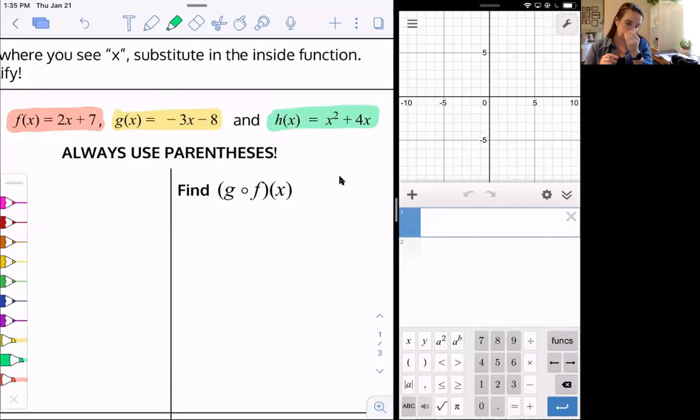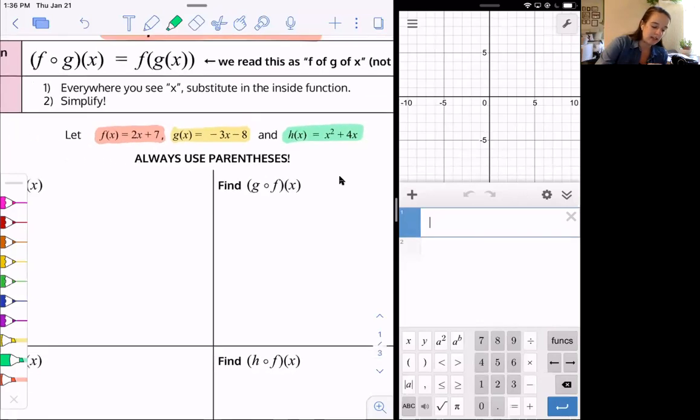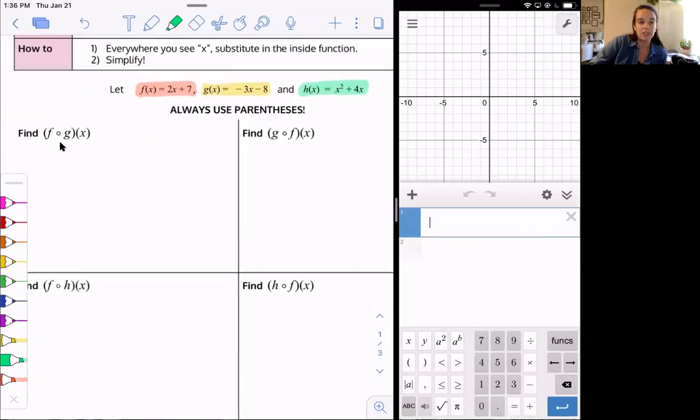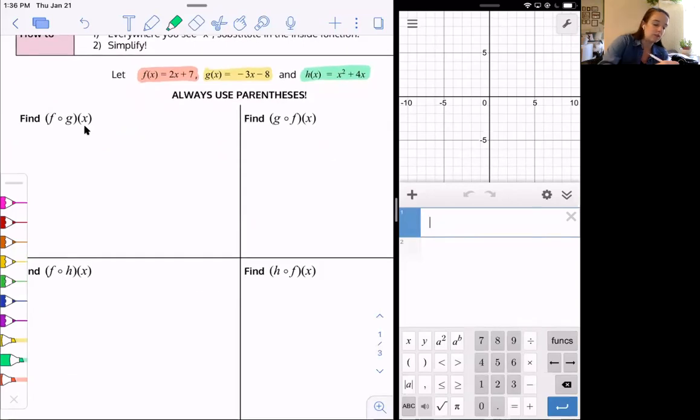Okay. So now that I have my functions written down, I'm going to find F of G of X. So I'm going to write that in the parenthesis version, right? So F of G of X like this.